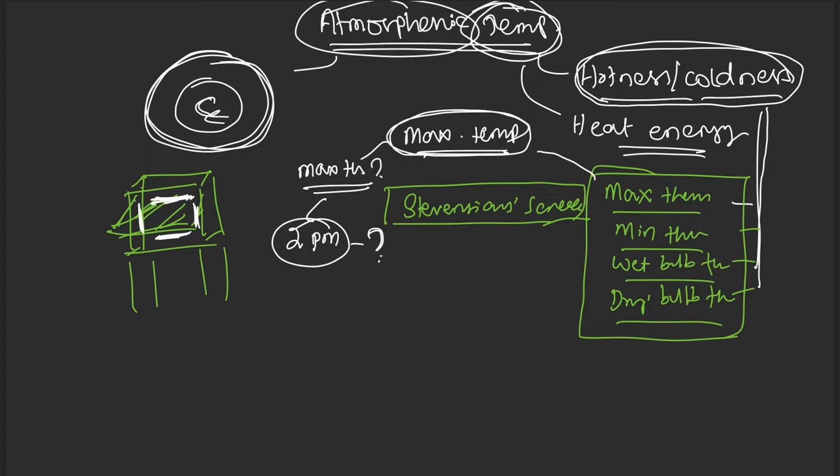Why? You will answer at 12 noon. But why not 12 noon? Why 2 p.m.? Because Earth also radiates some energy in the form of terrestrial radiation, and those are long wave radiation, and they are also trapped by our atmosphere, that is water vapor, dust particles, clouds if present, and different gaseous molecules.